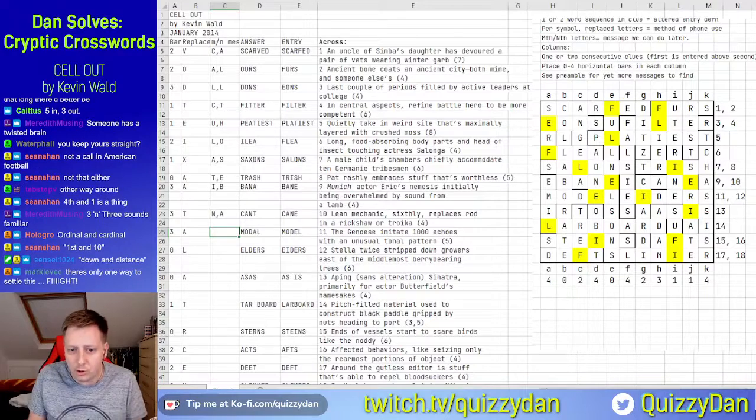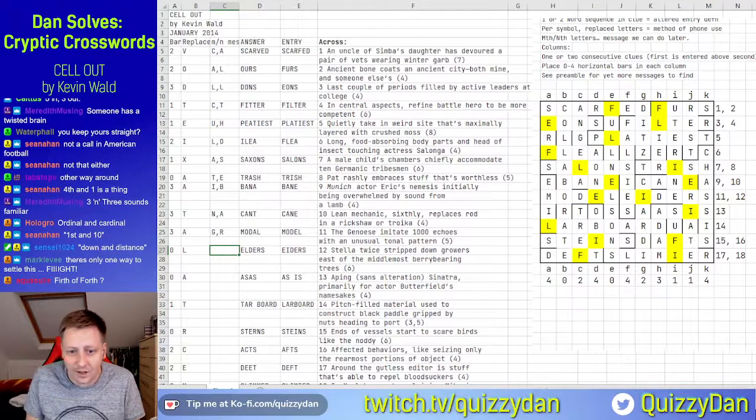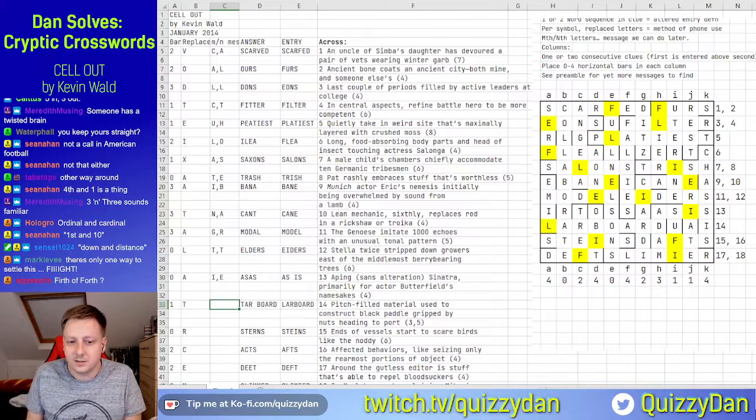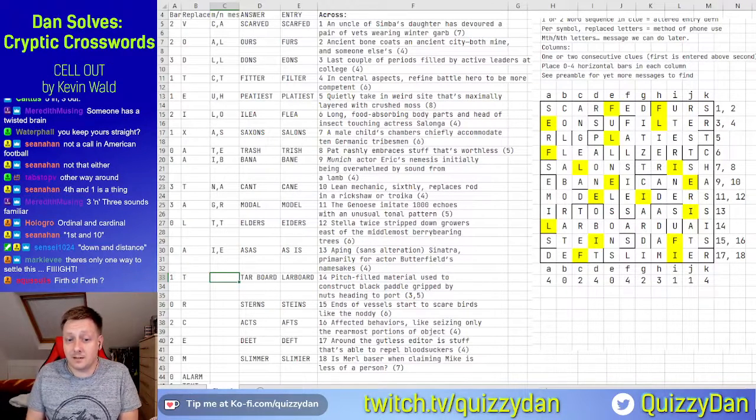4 and 2. 2 and 5. So 3 and 2. This is a very, very well constructed clue gimmick to be able to not only have all these things going on, but then also have the clues adhere to this extra arbitrary rule.